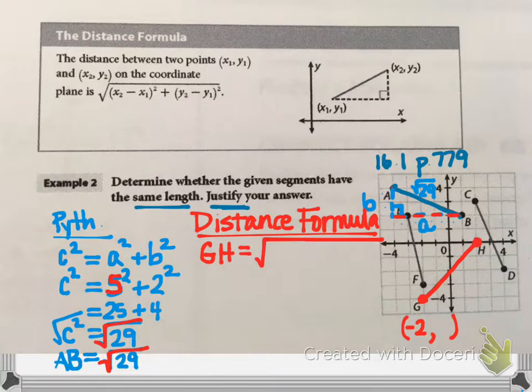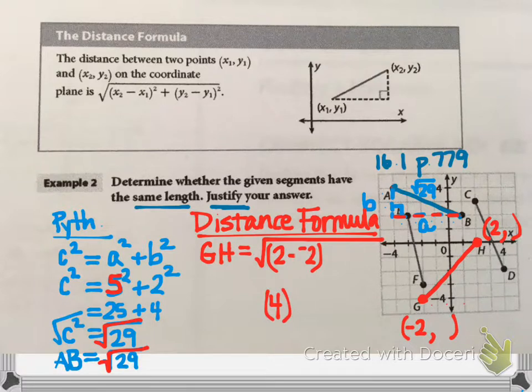And the x value of H is 2. I'm just going to deal with the x's for a second. To figure out how far apart these are, you could count or subtract the x's. 2 minus -2. Well, what's 2 minus -2? Be careful. Minus and negative means you add them.